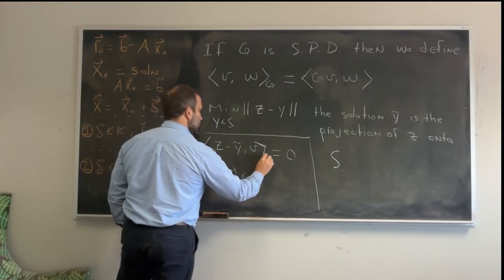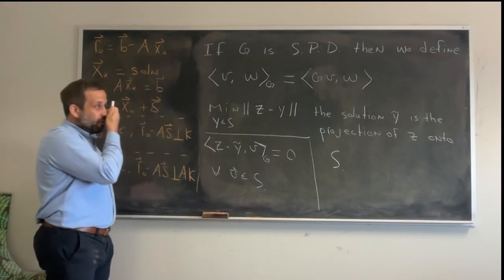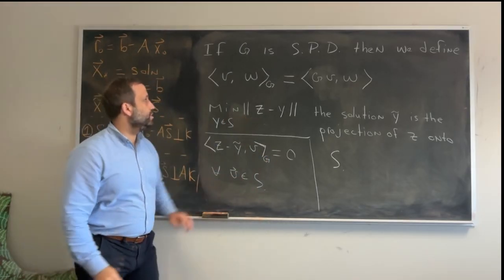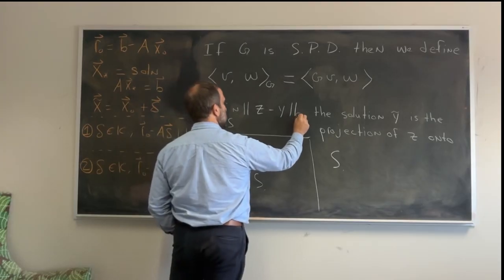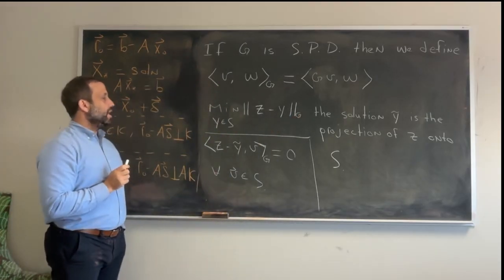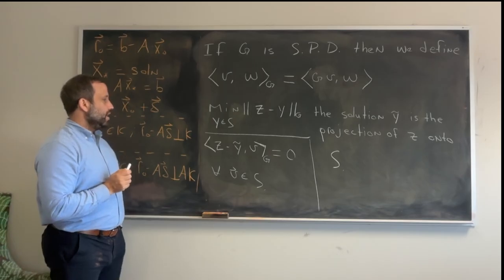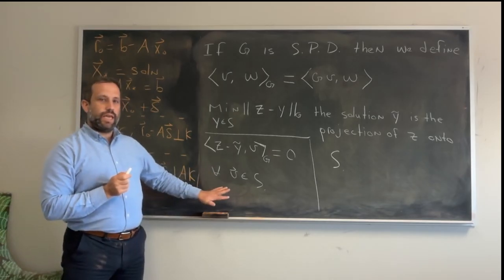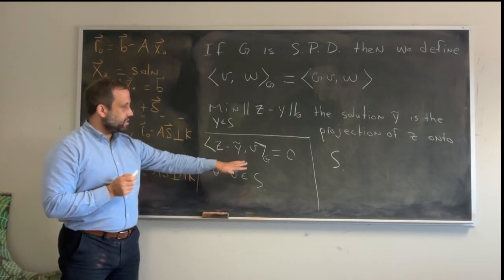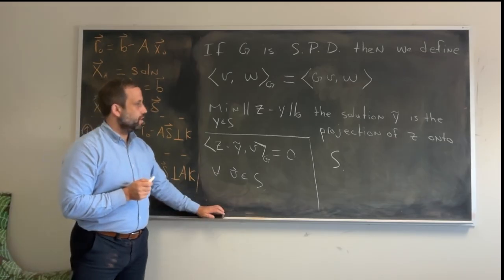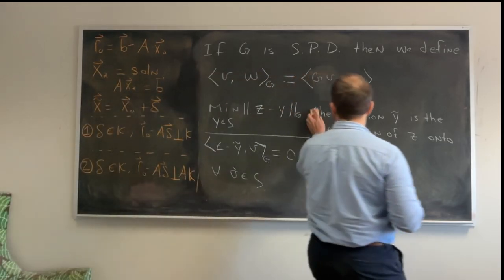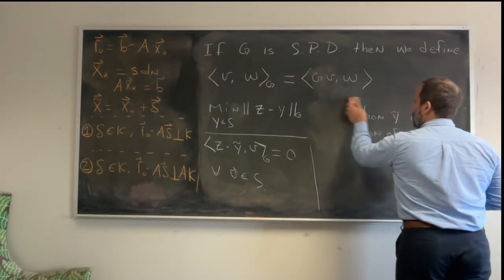This minimization could be in terms of the norm induced by the G inner product, and then the orthogonality would be the orthogonality that is induced by the G inner product.